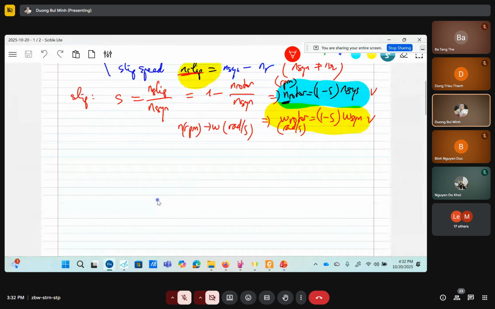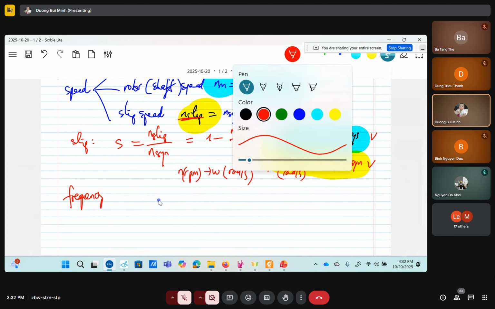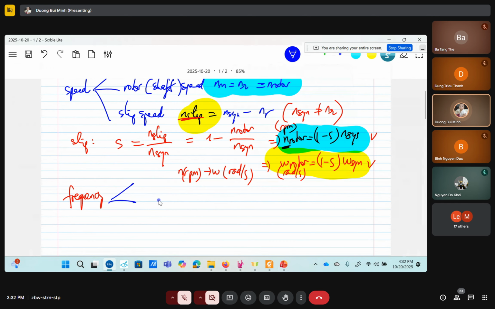Now we talk about frequency. We have three different frequencies: FSE, FRE, and FR. Of course we know what they are, so I will skip. FRE is S times FSE, and FR is (1 minus S) times FSE. And FSE is what?